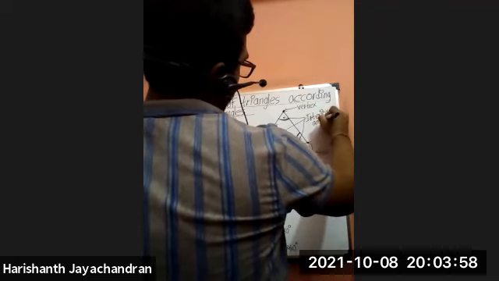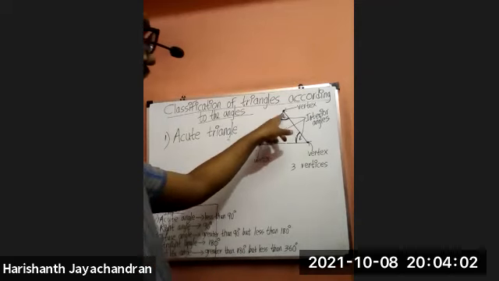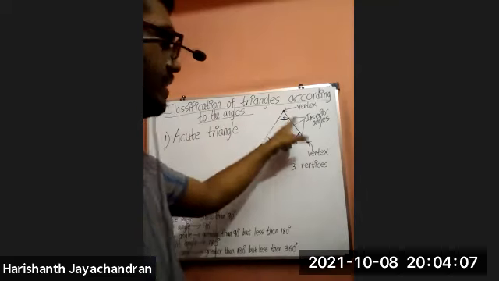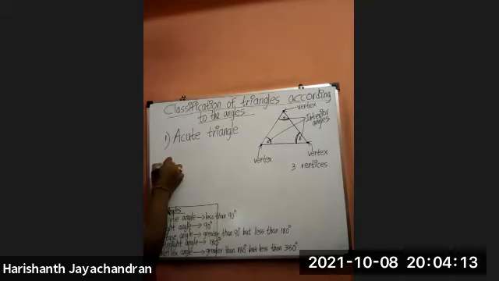By looking at this, you can have a rough idea that all these three angles are less than 90, right? So obviously that should be an acute triangle.